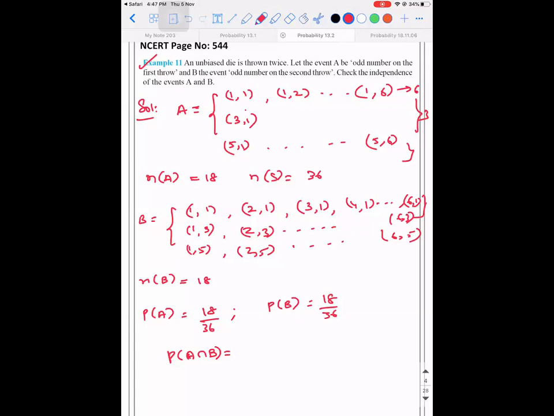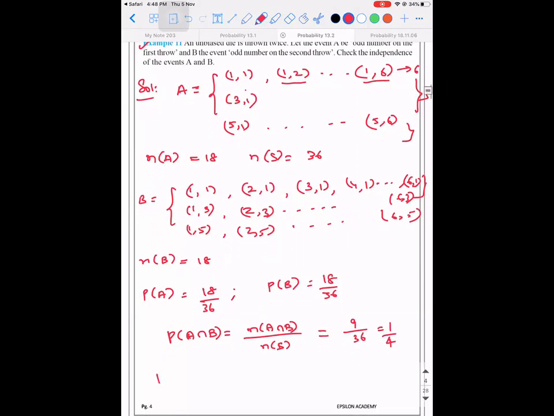You will have 9 elements. So the number of elements in A intersection B divided by the number of elements in the sample space. 9 out of 36, 1 by 4. So what is the probability of A into probability of B? 1 by 2 into 1 by 2. So are they independent or not?